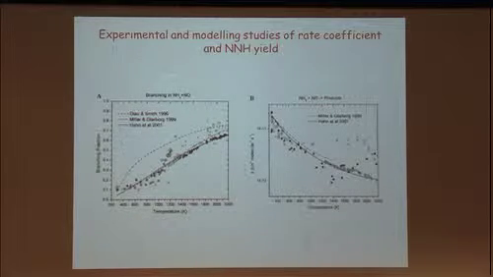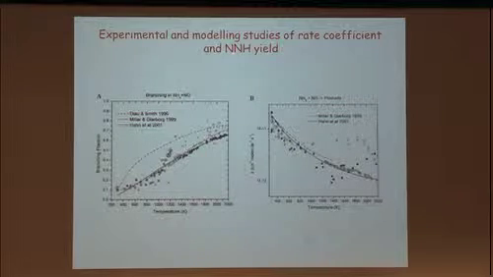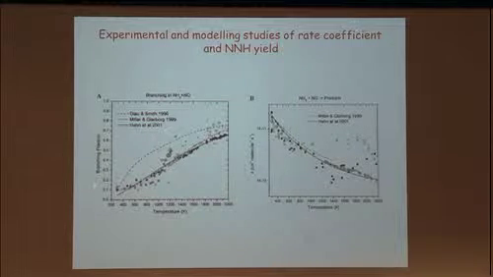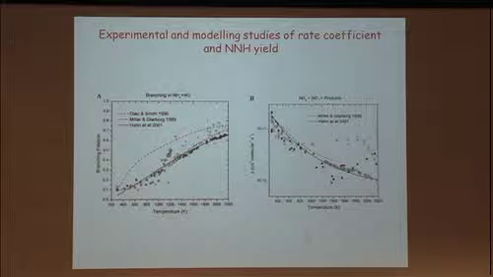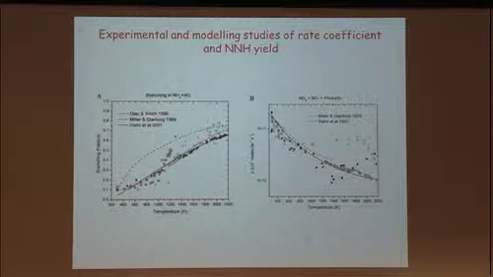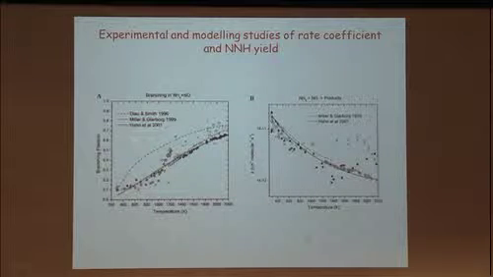And so these are experimental and modeling studies of the rate coefficient and of the yield of N2H. So a whole host of experimental measurements and then theoretical analyses here. Jiao and Smith, Miller and Glarborg is a prediction based on simulations of complex mechanisms.